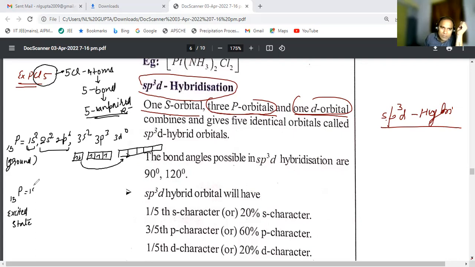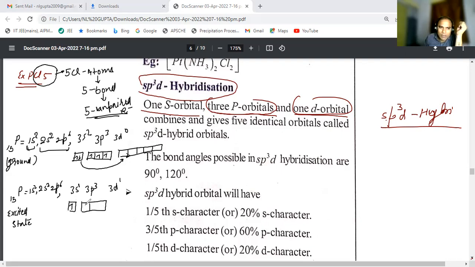Here 1s2 has nothing to do with the inner orbital or the hybridization, so this remains the same. Now it will be 3s1 because one electron is going to the d orbital, then 3p3 and 3d1.